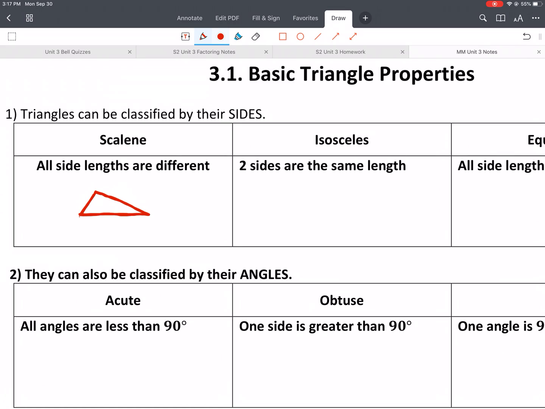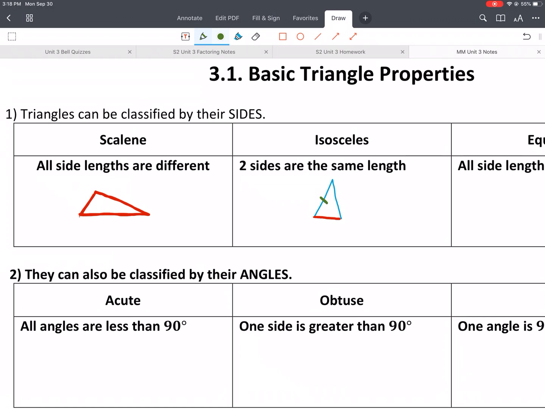Next, isosceles. For isosceles, we have two sides that are the same length, but the third is not. When we have two sides that are the same, another word for equal is congruent.